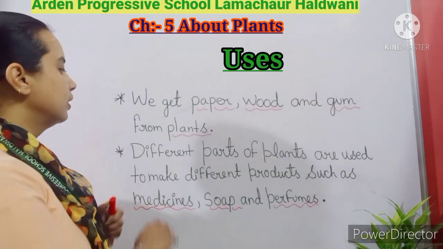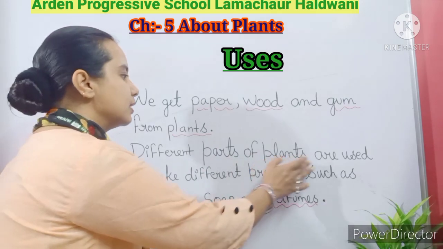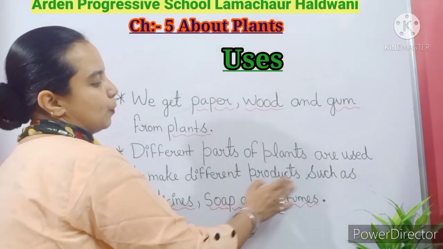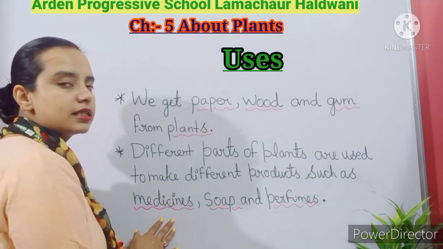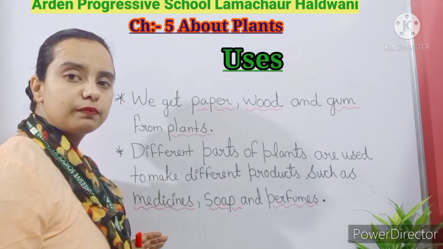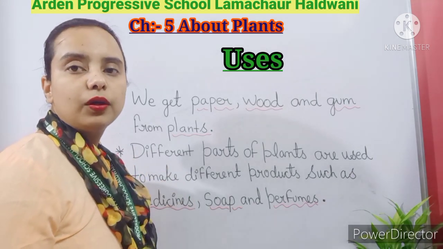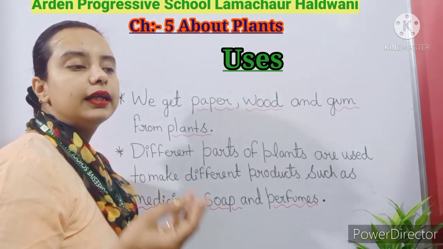So different parts of plants are used to make different products such as medicines. For examples of medicines I have explained turmeric, neem, tulsi and aloe vera.